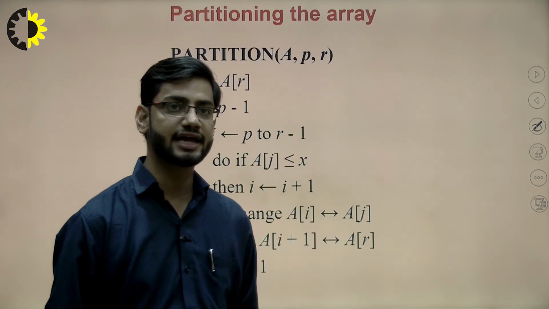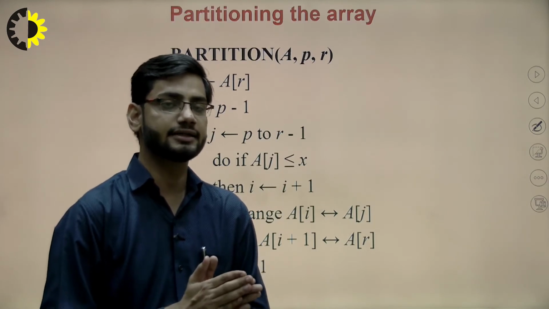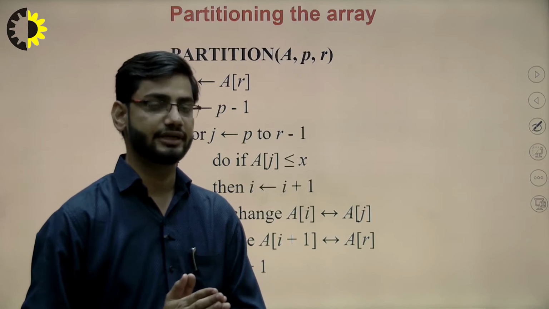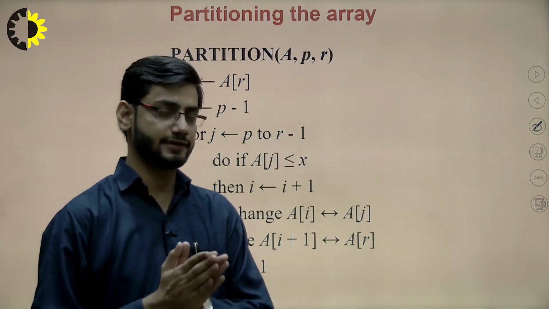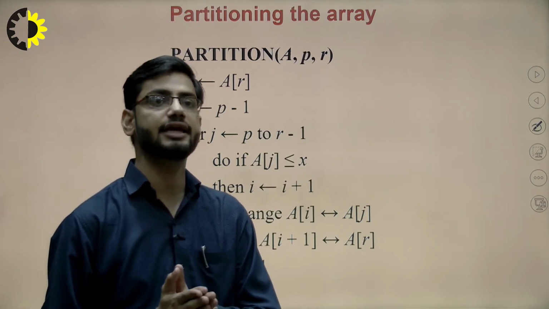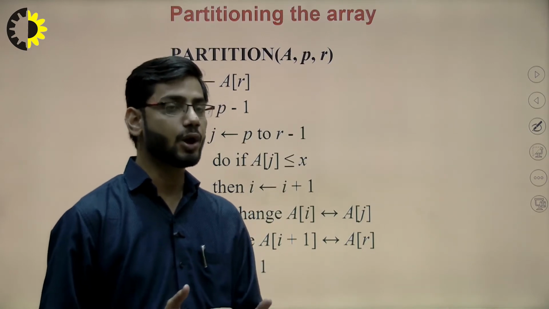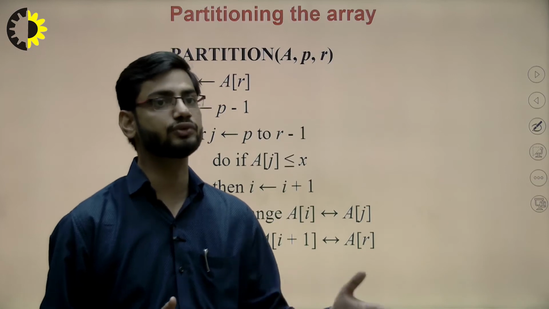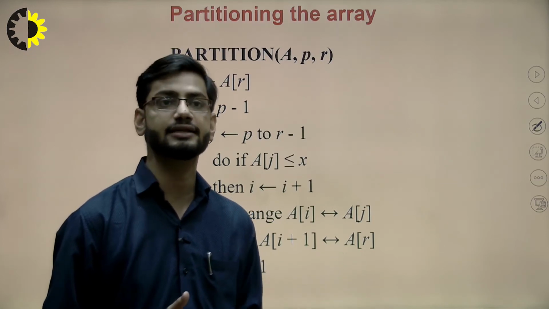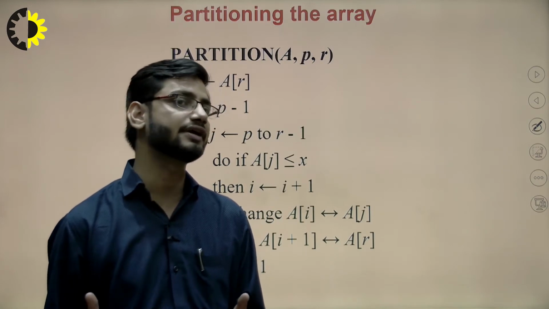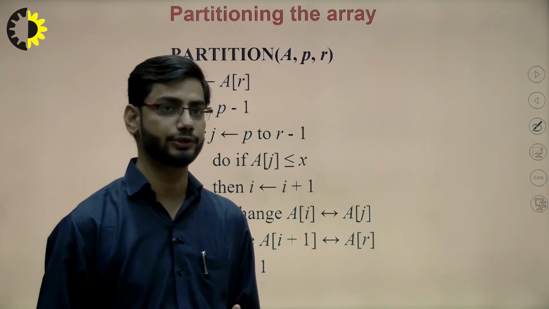What is the pivot element? We select the last element of the array as the pivot element, and we try to place it in the right position in such a way that all the elements to the left of the pivot element are lesser than it, and all the elements to the right of the pivot element are greater than or equal to it.